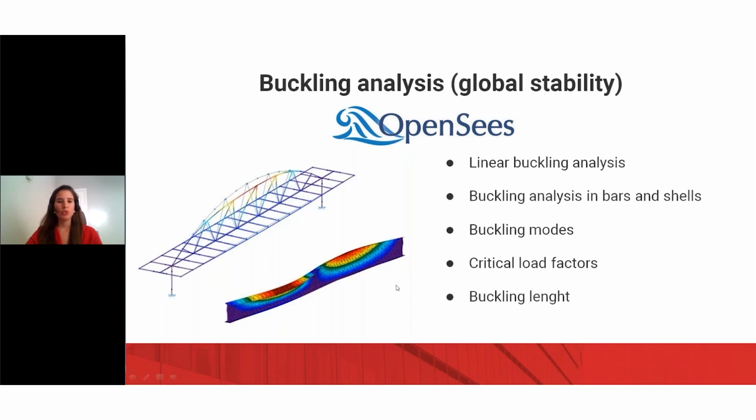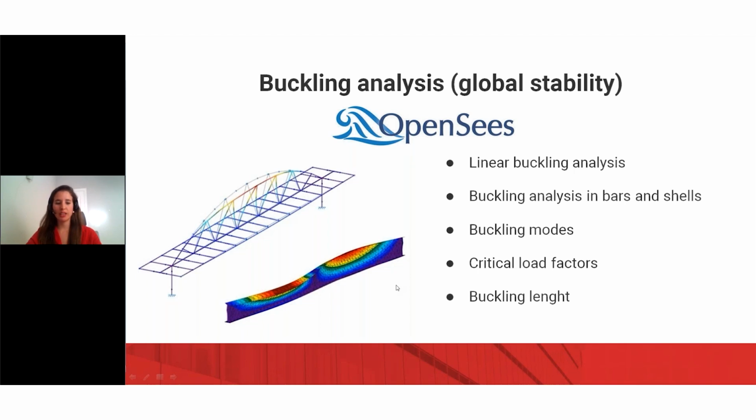So 2 very important features. We had them in previous versions. Actually, the 2024 version already has some of them. It is actually the buckling analysis and the nonlinear analysis.